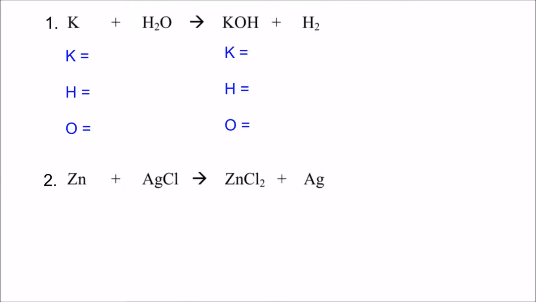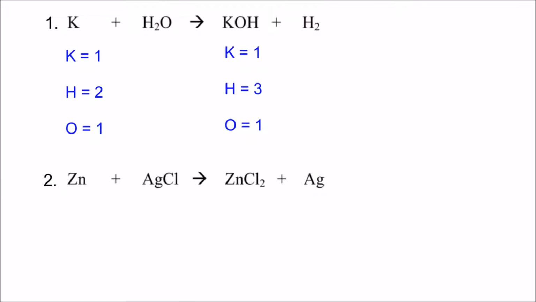Okay, so now we're going to list how many of each of these elements are on the left hand side and how many of each of them are on the right hand side. So there's 1 potassium on the left and there's 1 potassium on the right. There are 2 hydrogens on the left, and there are 3 hydrogens on the right. We have 1, 2, and then a third one right here. Then we have 1 oxygen on the left, and 1 oxygen on the right.